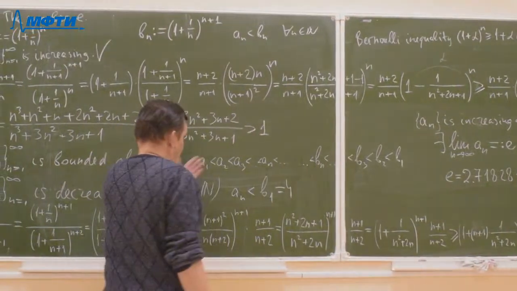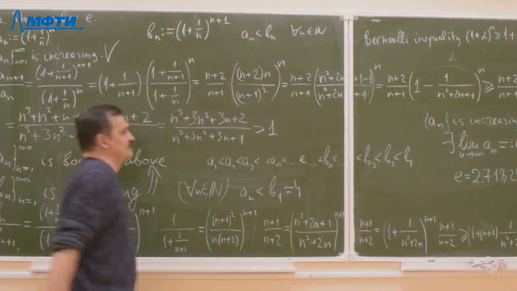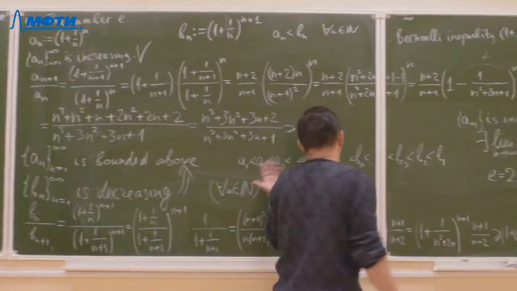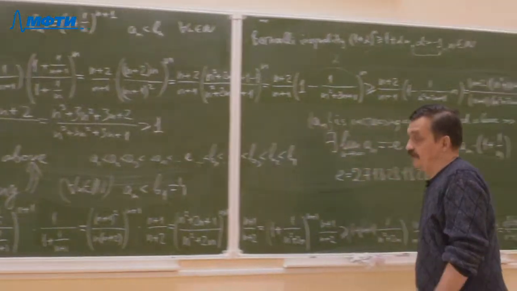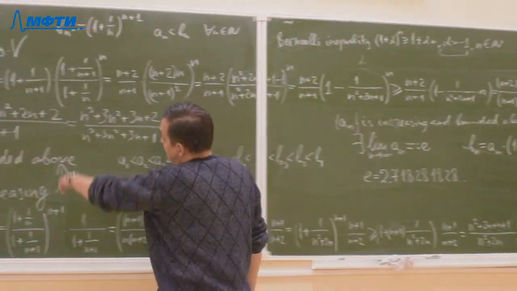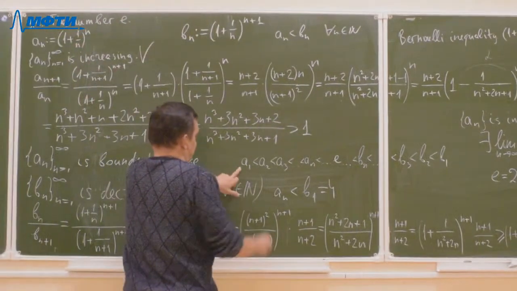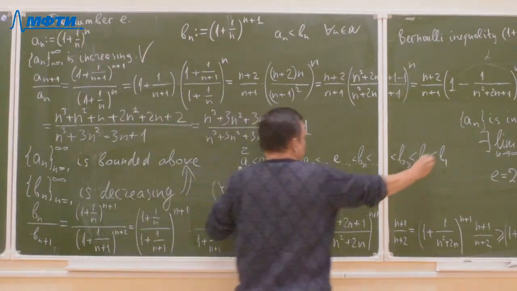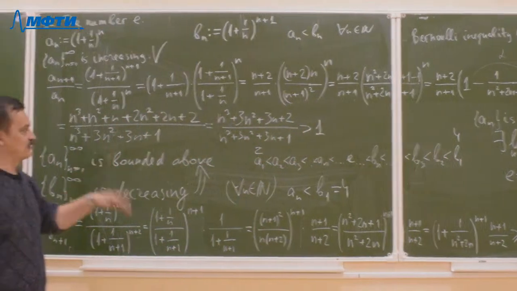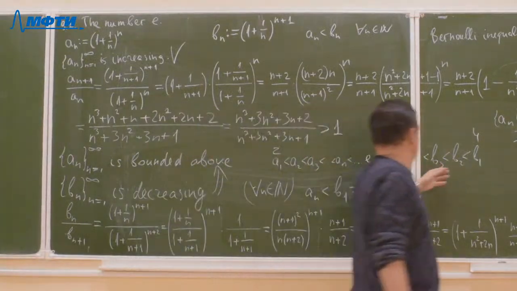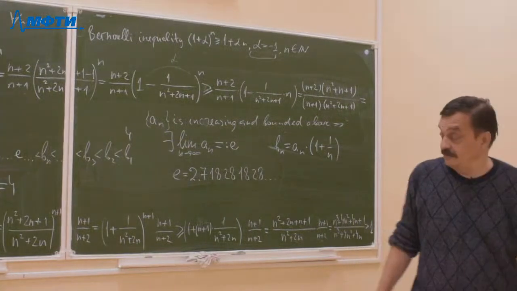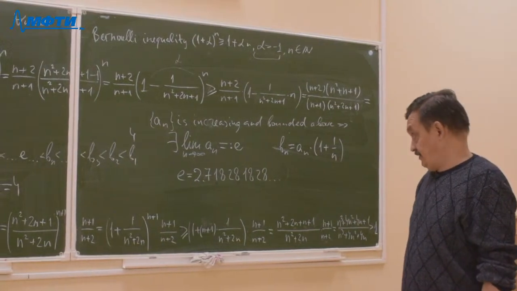And by the way, now we have E somewhere between, right? And it means that we have nice bounds for the number E. So, for example, if we take A1, that is a very rough bound, 2 and 4, and of course you can use every n as you want to obtain better bounds for the number E.